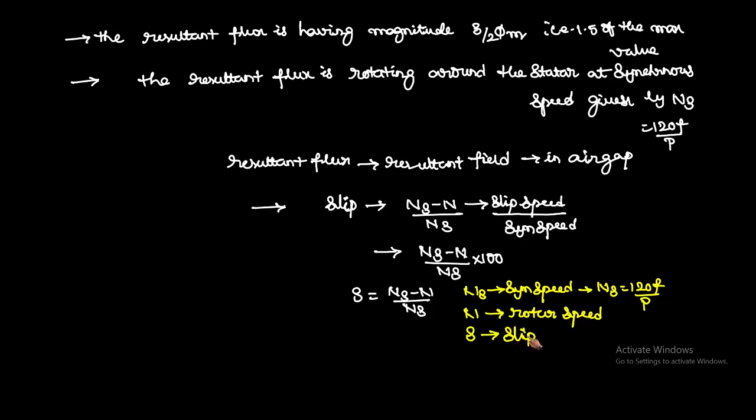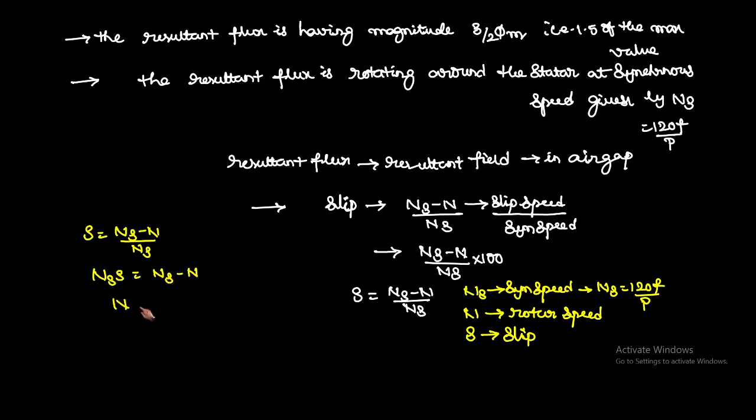If you want to find the rotor speed in problems, see this equation: ns minus n divided by ns equals s. So ns into s equals ns minus n.